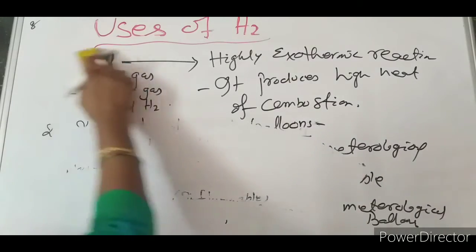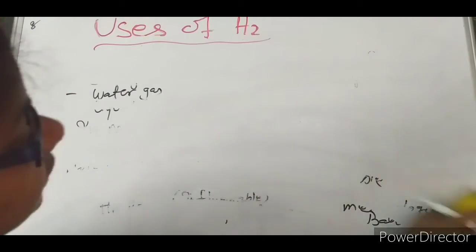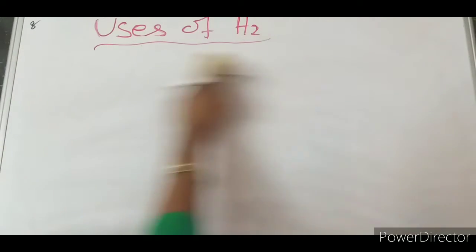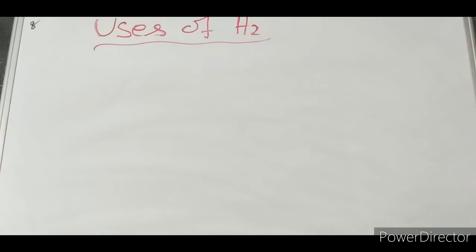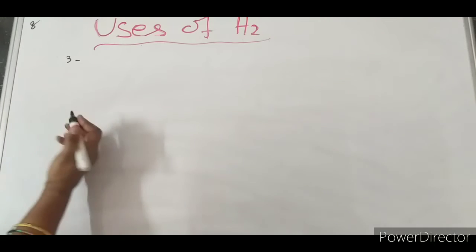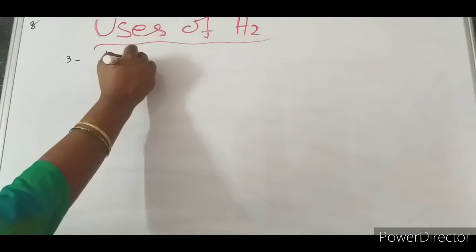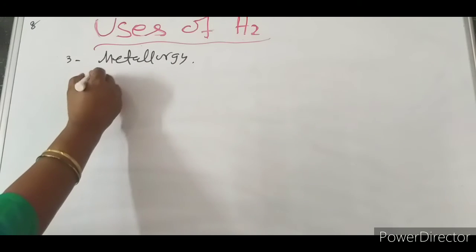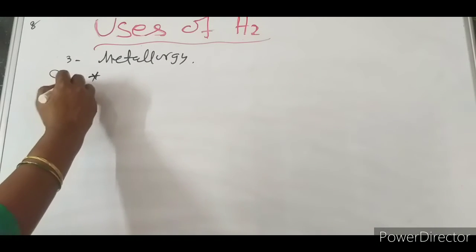Now hydrogen is used in metallurgy. Why is it used in metallurgy? For the extraction of metal from its oxide ore. Next, the third one, it is used in metallurgy. Why is it used? This one is very important.